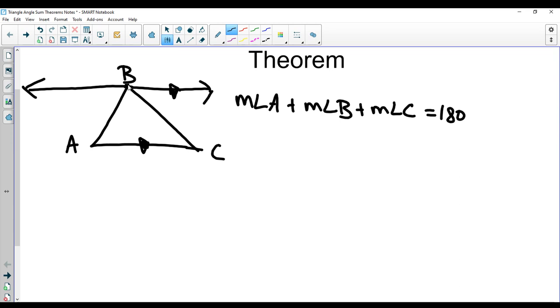Okay, and then we would use some alternate interior angles to prove that we've got all three angles adding to 180. I'm not going to go through the whole entire proof here. I'll probably just attach a picture of it somewhere, just so you can see it. You don't have to know exactly how the theorem works. I just think it's cool to see how it works.